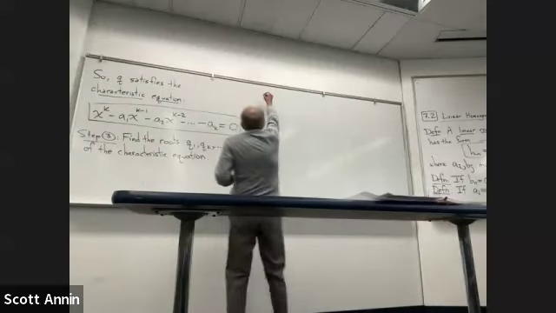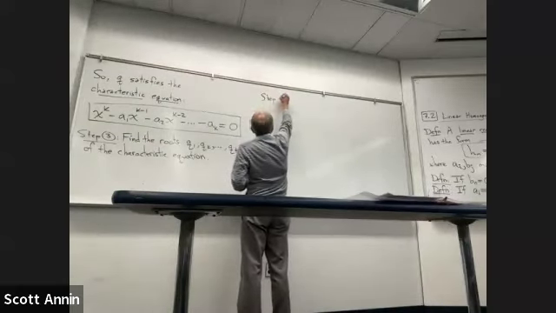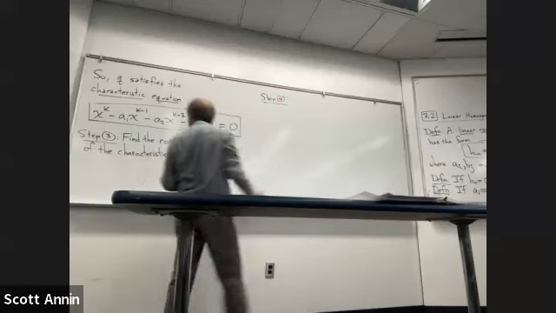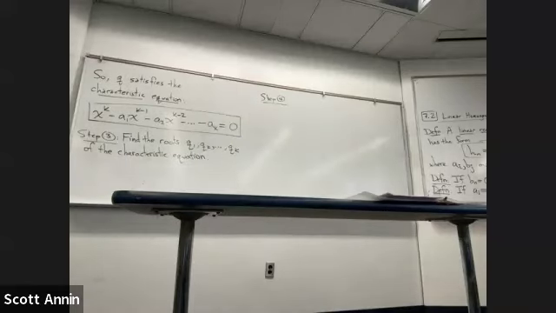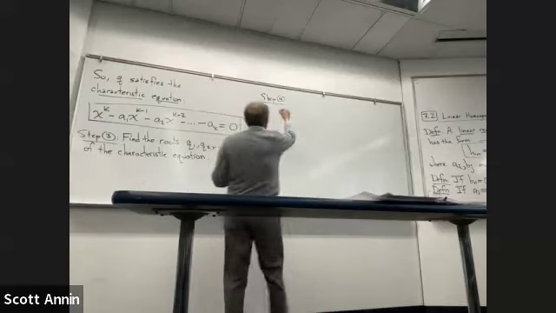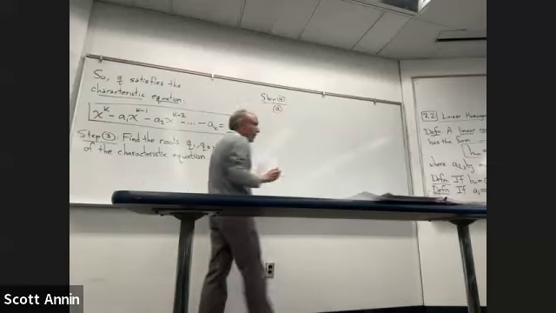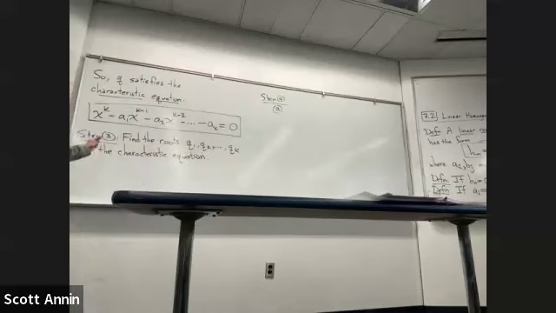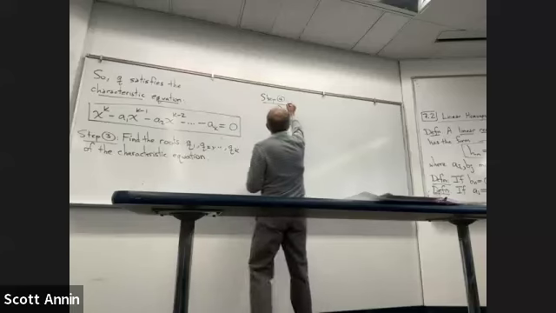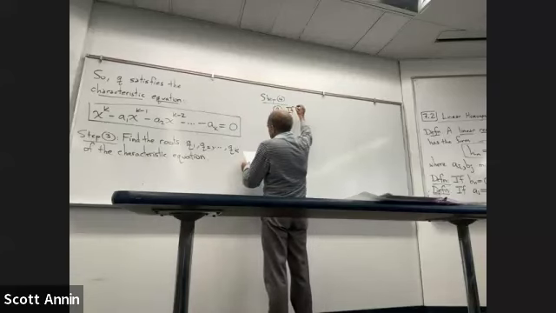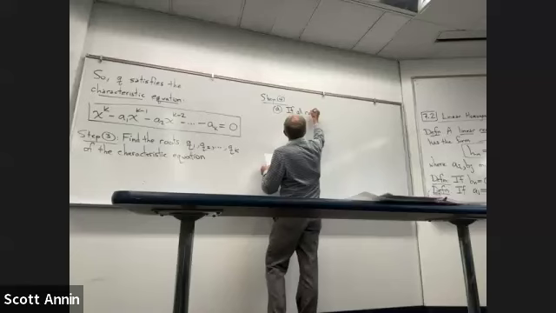Step 4 right here. Well, I actually have sort of 2 parts to step 4, because it's going to depend on whether any of these roots were repeating or not. So the first part, I'll call it part A, is that if all roots are distinct.